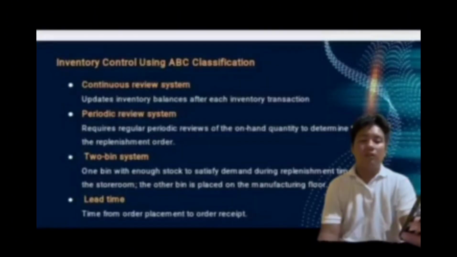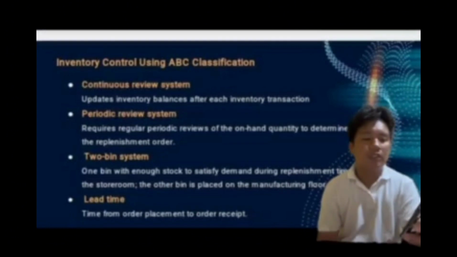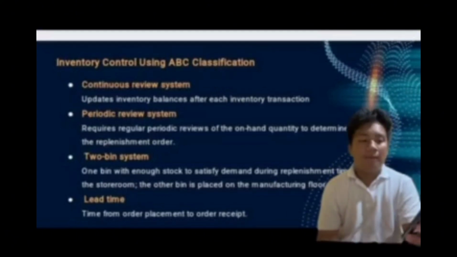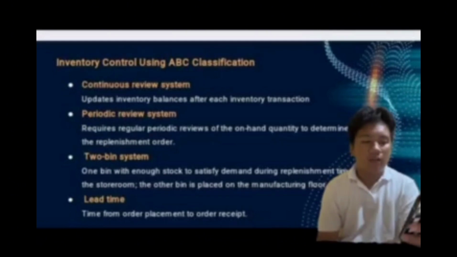Inventory control using ABC classifications. Continuous review system updates the inventory balance after each transaction. Periodic review system requires regular periodic reviews of the on-hand quantity to determine the size of the replenishment order.